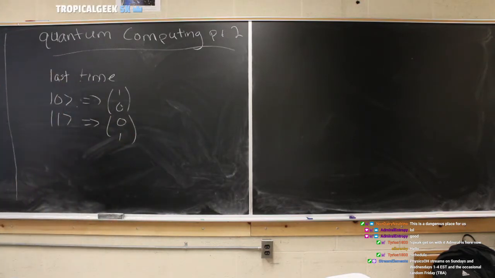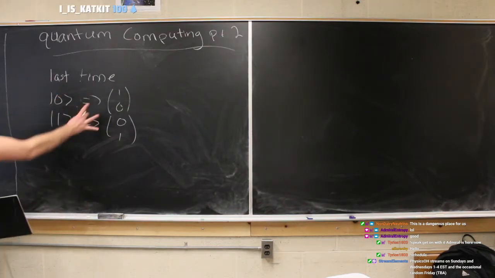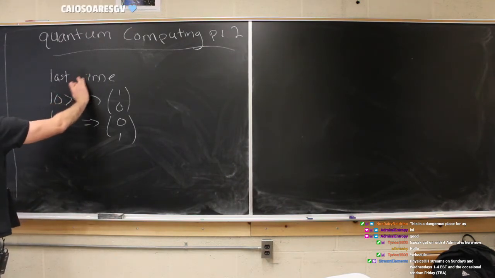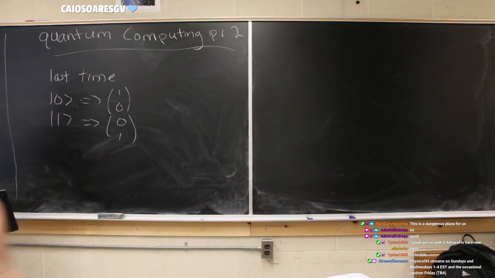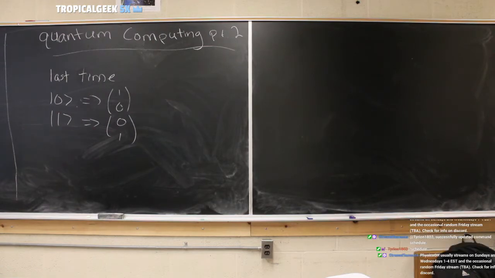And these are just ideas. This is just a state. A state is a vector inside of a vector space. And this is just the vector space that we choose to use for a basis. But it can change, and we'll talk more about that at the end of today.